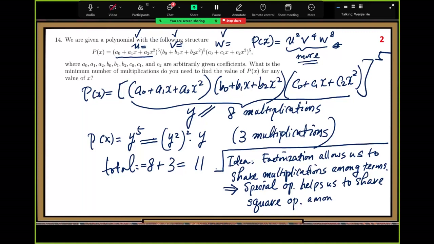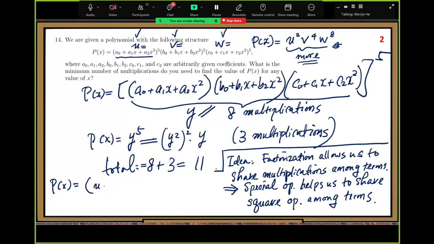How about that? Because these numbers we can connect to square operation easily. Okay, share square. So let's do the square sharing. P of x, first square sharing.